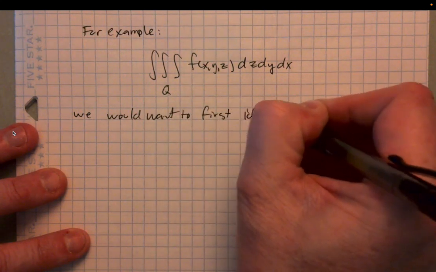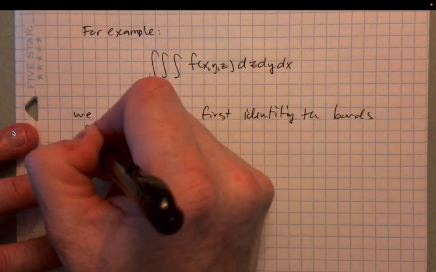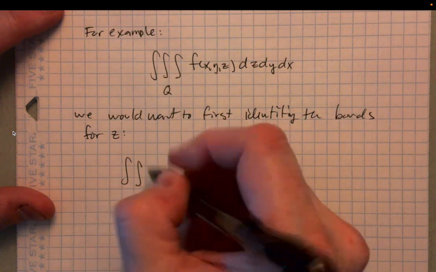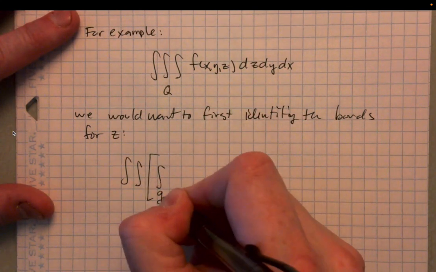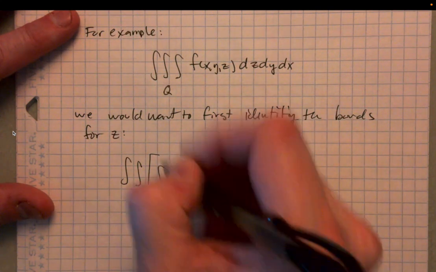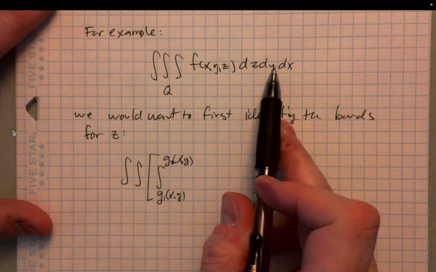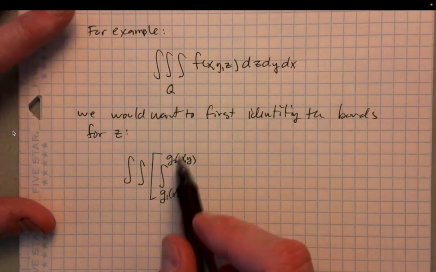We want to first identify the bounds for z. Okay, which means you've got your integral, and then you've got this inner piece here, and this needs to be a function of x and y. In this case, z is the inner one, x and y are the outer ones. And so the bounds need to be a function of x and y.